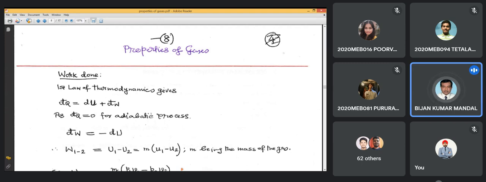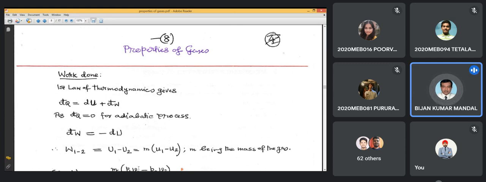The d in work is written differently to distinguish it, because work done is an imperfect differential and cannot be integrated, while du is a perfect, exact differential.